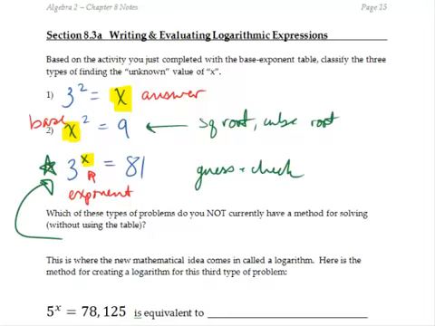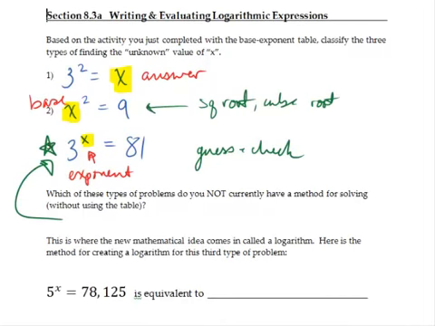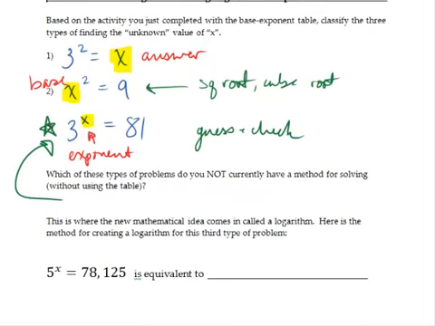Well, our method is that in math, we created something called a logarithm. And a logarithm, which we abbreviate just by saying a log, is when you take an equation like 5 to the x equals 78,125, and you say x equals log base 5 of 78,125.